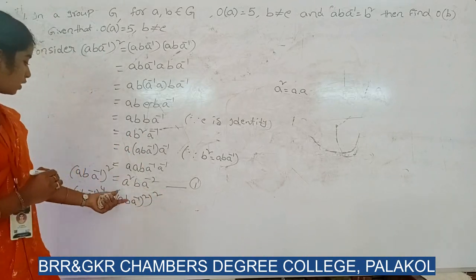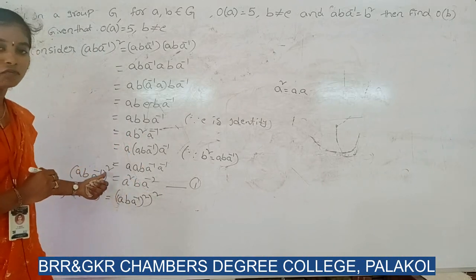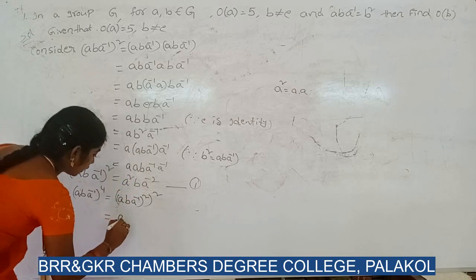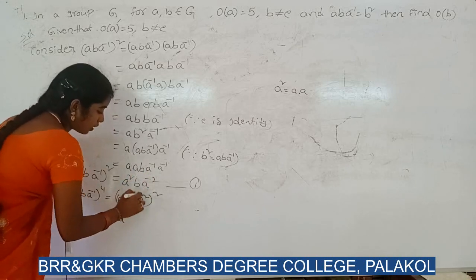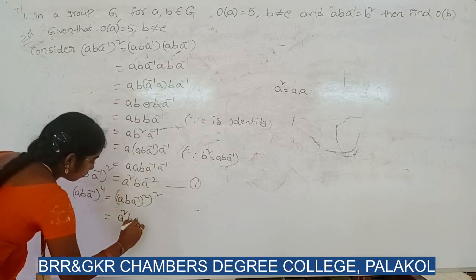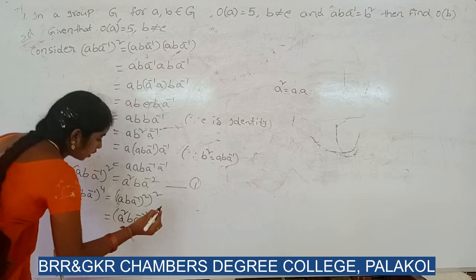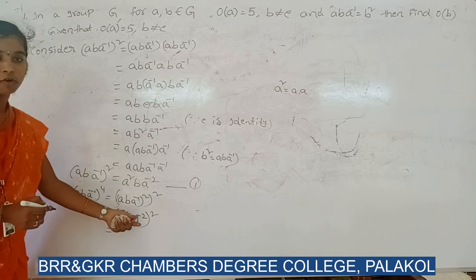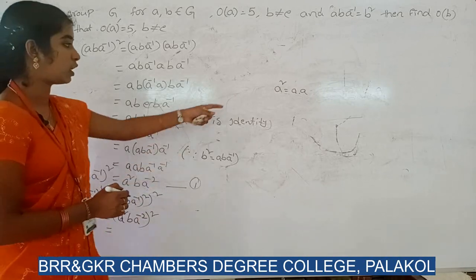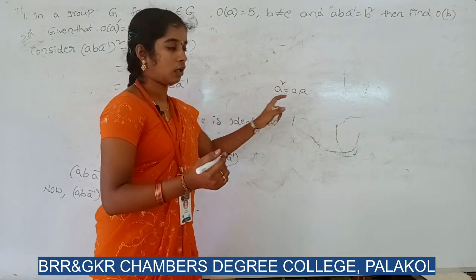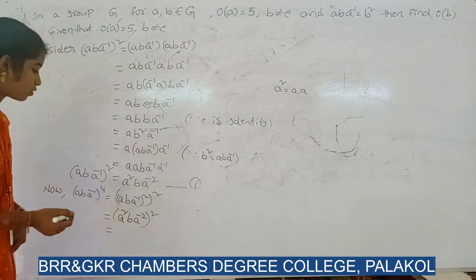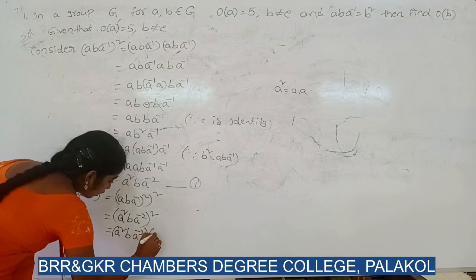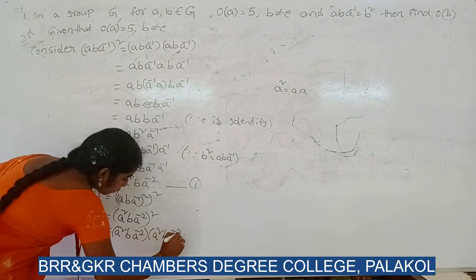Already you know from the first result that (a b a inverse) whole square value is a square b a power minus 2, so this is (a square b a power minus 2) whole square, which can be written as a square b a power minus 2 times a square b a power minus 2.